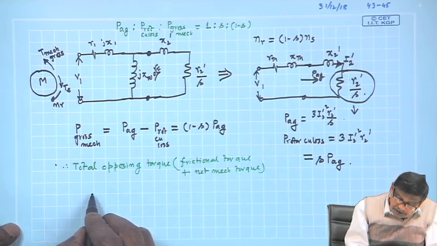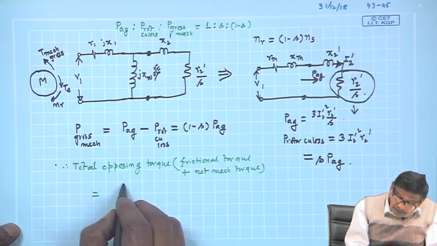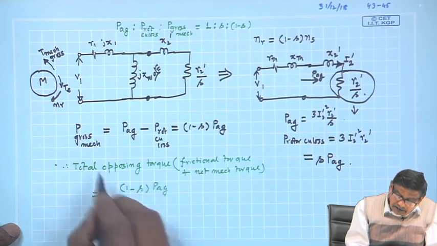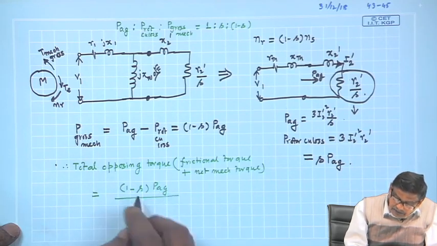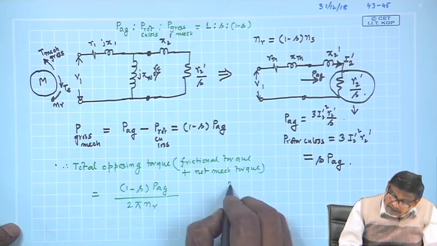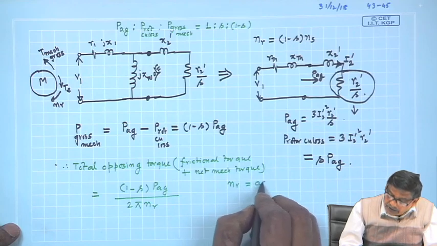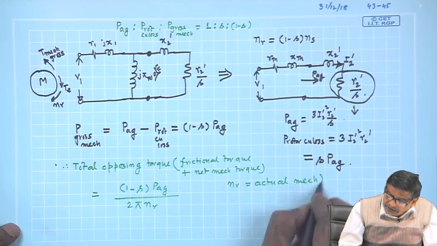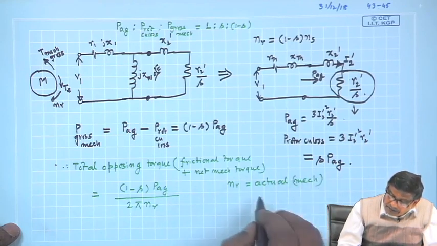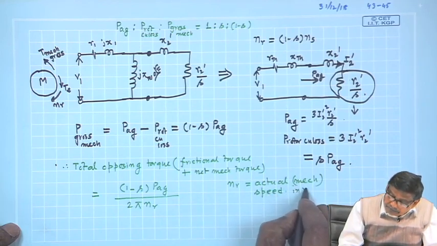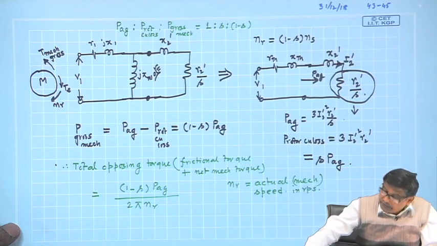Therefore, this must be equal to 1 minus S into PAG, that is P gross mechanical, divided by 2 pi Nr, where Nr is the actual rotor speed, actual mechanical speed Nr in RPS, if you want to get torque. So, this is the thing.